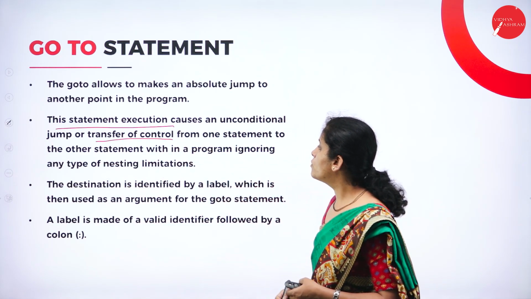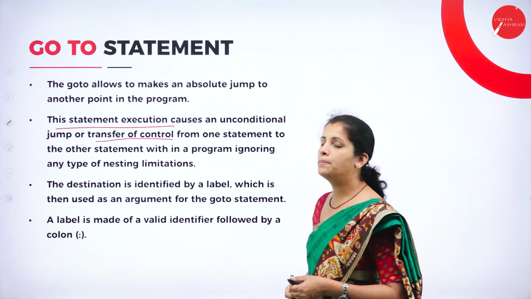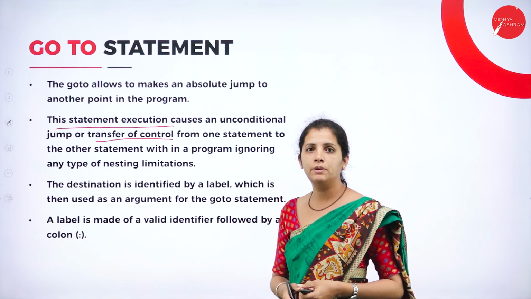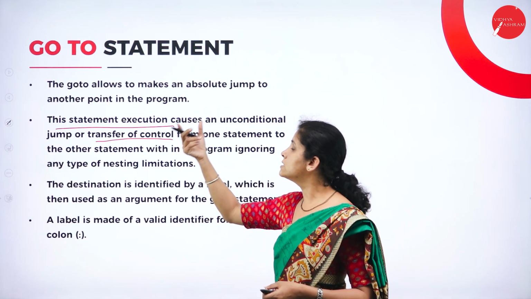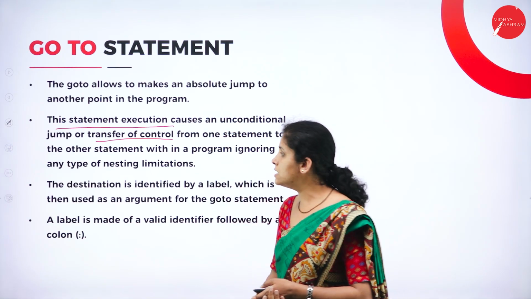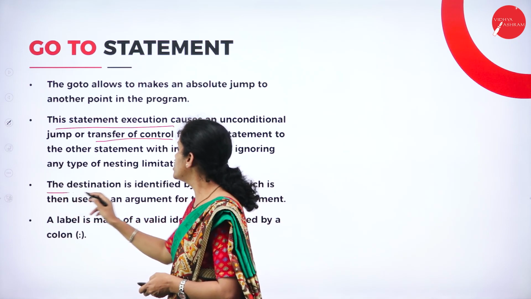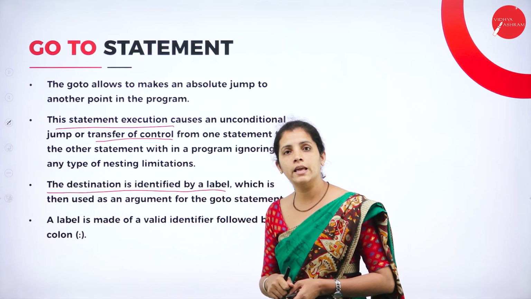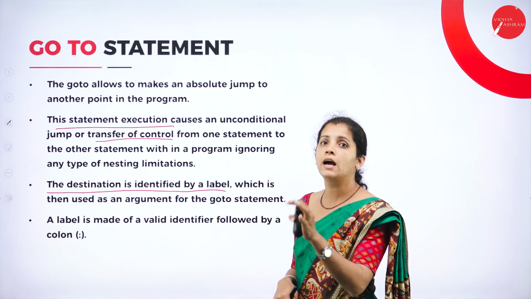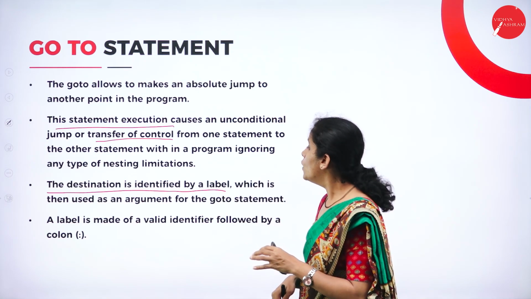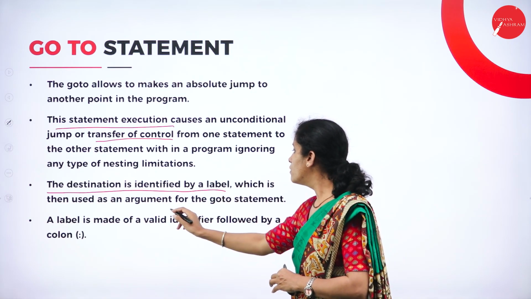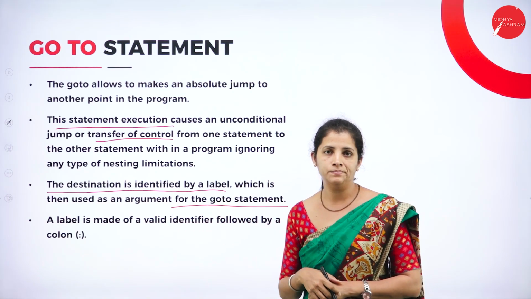It is a transfer of control from one statement to another statement within a program, ignoring any type of nesting limitation. So here goto is nothing but the absolute jump, and it is also known as the unconditional jump, and the destination is identified by a label. So the destination is identified by the label, which is used as an argument for the goto statement.